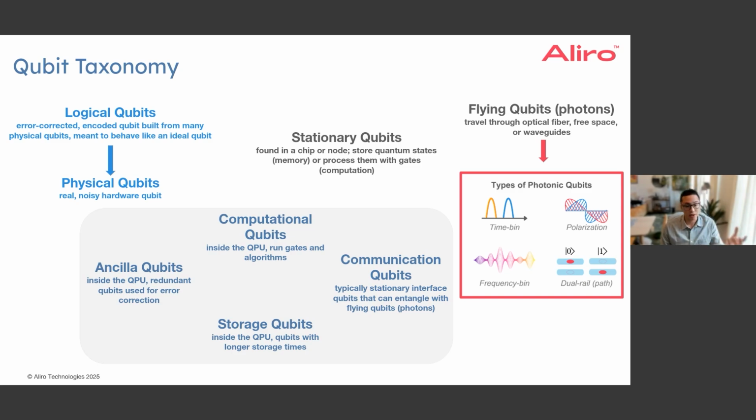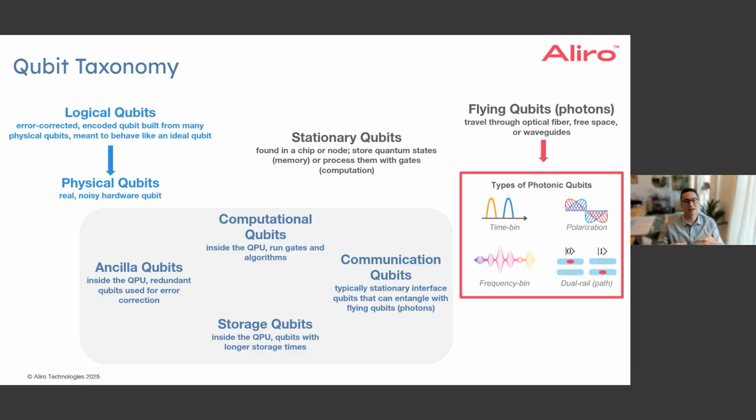We have polarization, essentially the spin of the light. We have frequency as another degree of freedom we can encode quantum states in. And we also have spatial encoding, where light can take different paths as it passes through optical components, say beam splitters that can split up your beam of light into different paths. So there are different ways we can encode these flying qubits as well.